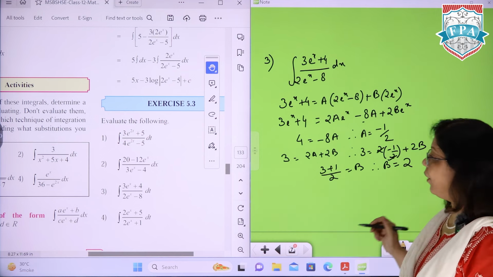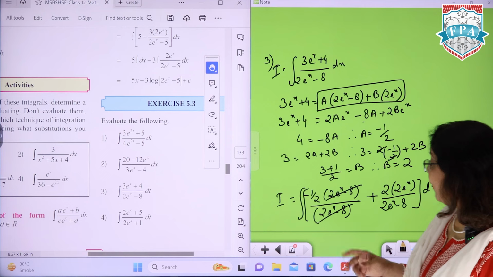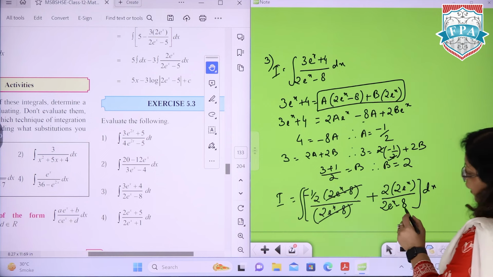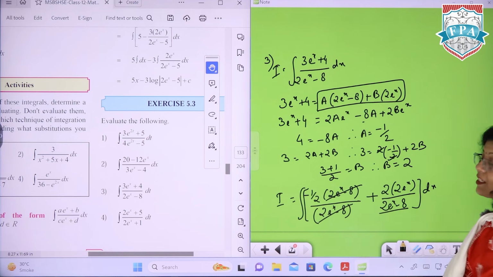This is your question. Fine. Now here you can see the numerator directly cancelled with the denominator. This is the reason we were doing all this. In the second case, this is the d by dx.